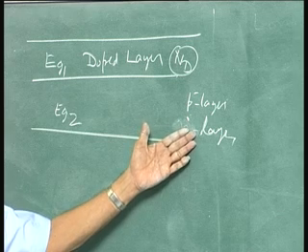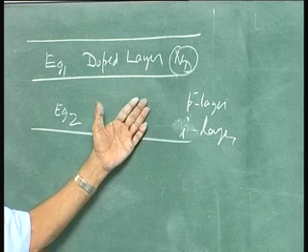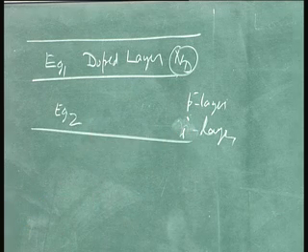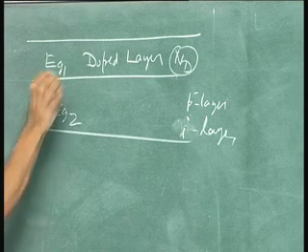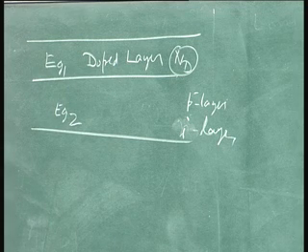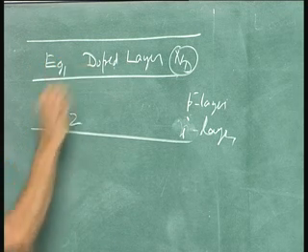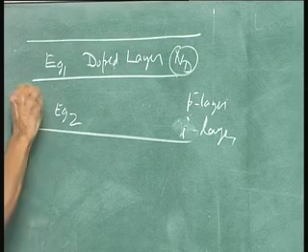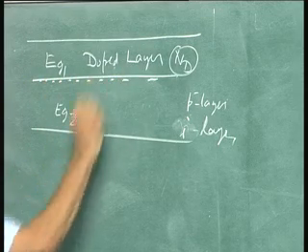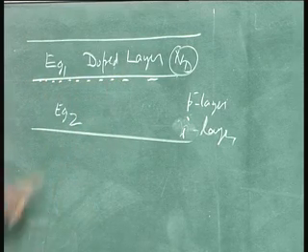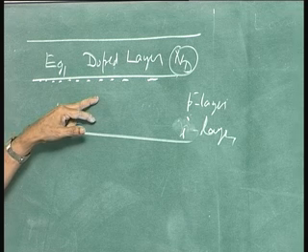You want it very lightly doped because when electrons are here, they do not experience that ionized impurity scattering. So, if you do that, the donors here will supply the electrons to this layer. Okay.